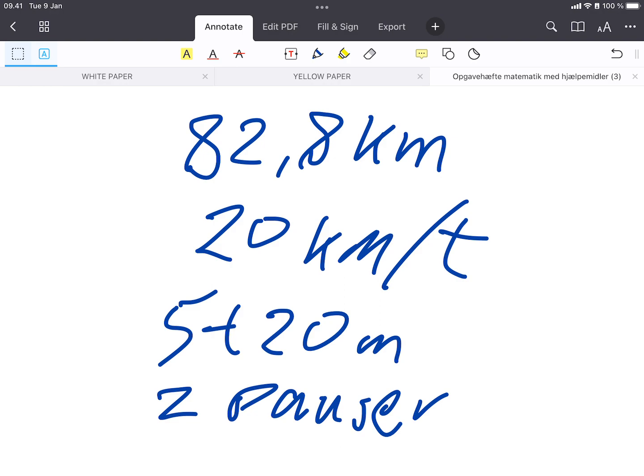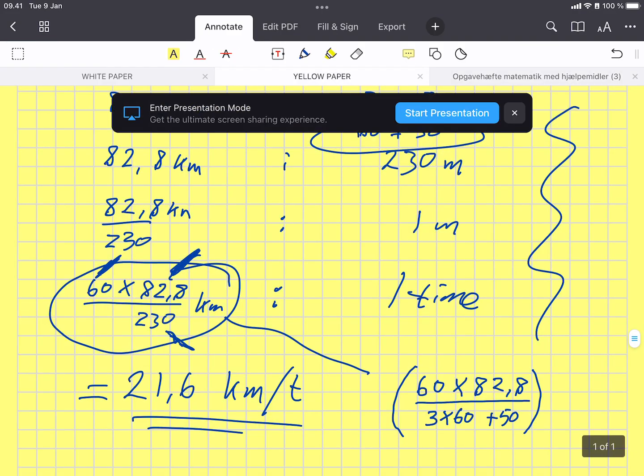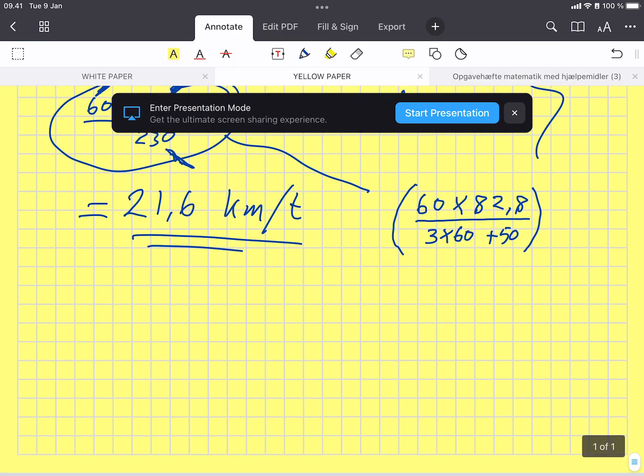So if they're going at 20 kilometers per hour, it's not going to take them the whole 5 hours, 20 minutes. And they're going to take 2 breaks. But at the consistent speed of 20 kilometers per hour, how much time will they spend cycling if they're going to go 82.8 kilometers? So I think I'll go onto my yellow paper there.